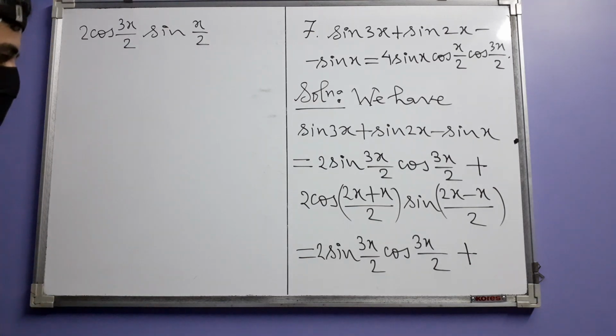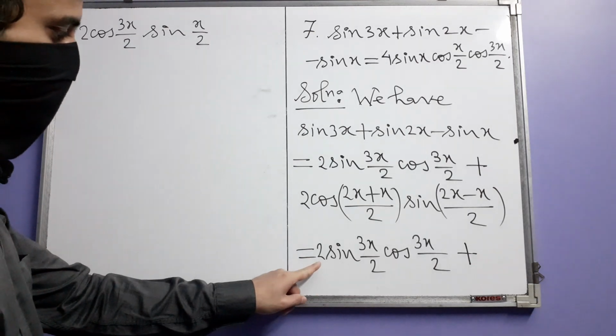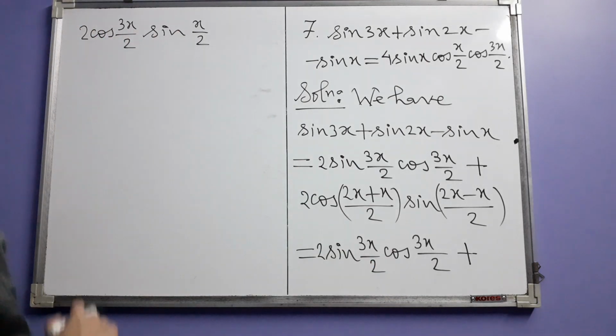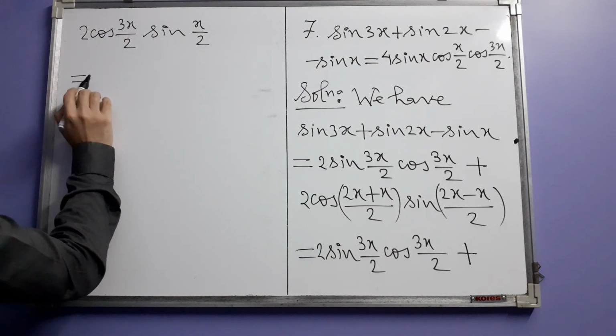So you can see that we have a common 2 cos 3x over 2 in both the terms, so that we can take outside.